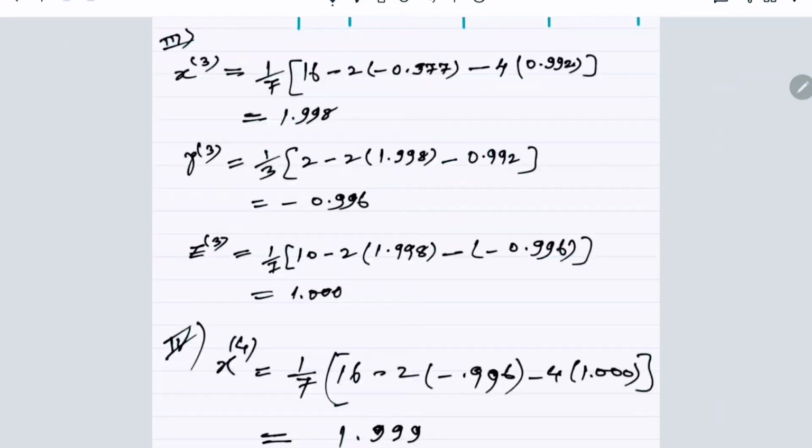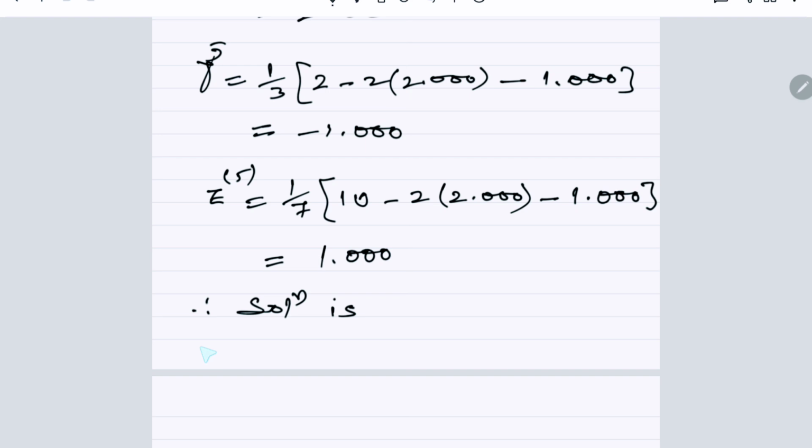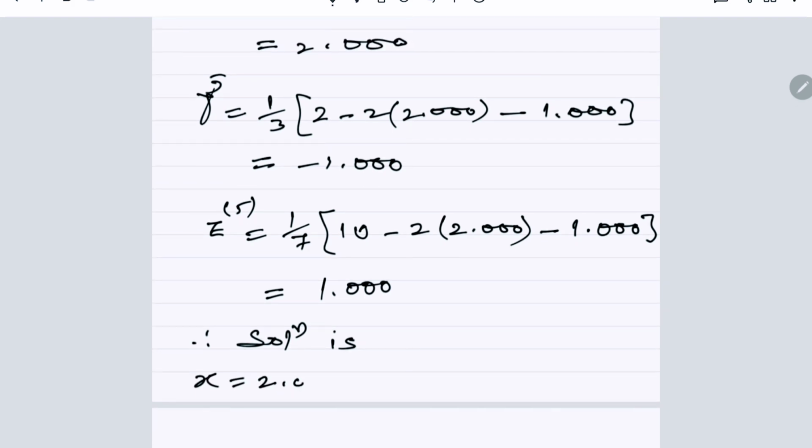And therefore, as I have explained, as the two successive values of x, y, z have a very small difference, we stop the iterative procedure, and therefore the solution is x equals 2, y equals minus 1, and z equals 1. Please check each and every step very carefully. If you get it, then only go for the next step.